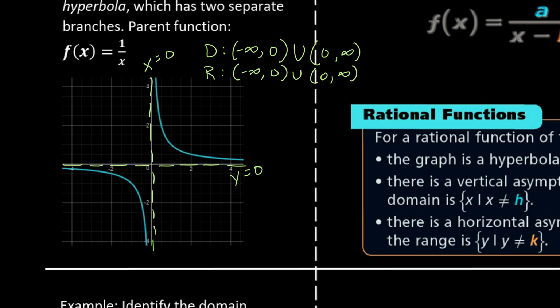Where the two asymptotes meet. It's at 0, 0, for sure. So here our center is at 0, 0. That's a characteristic of the parent function.